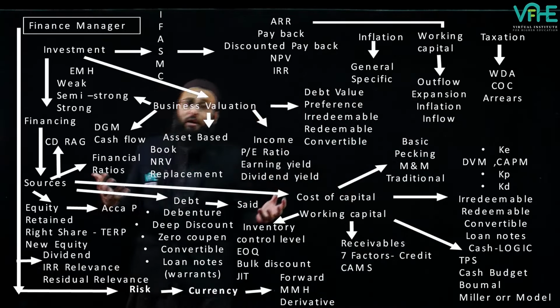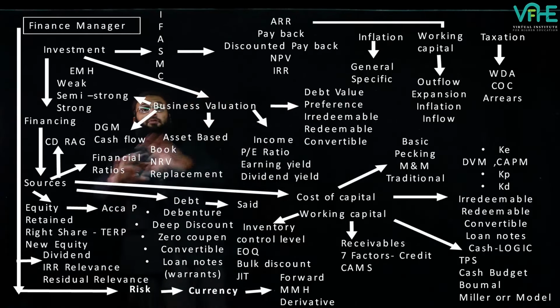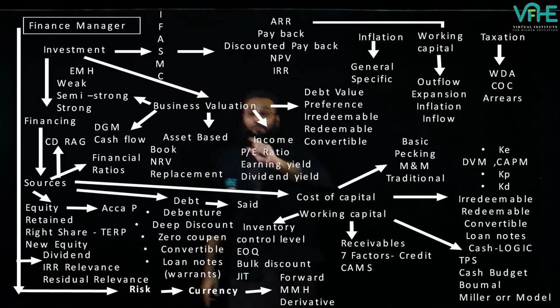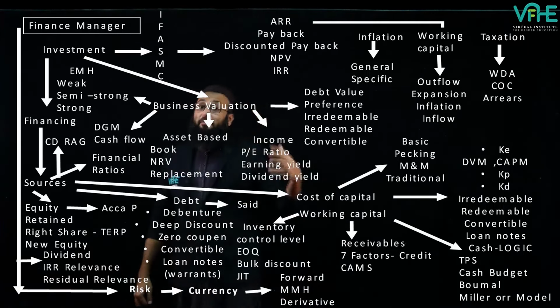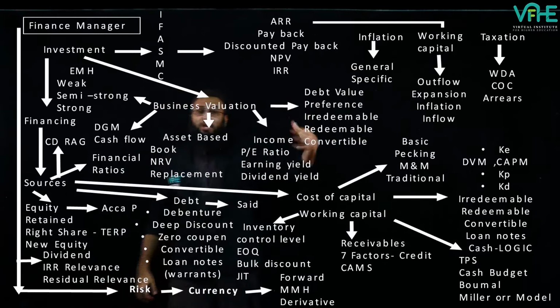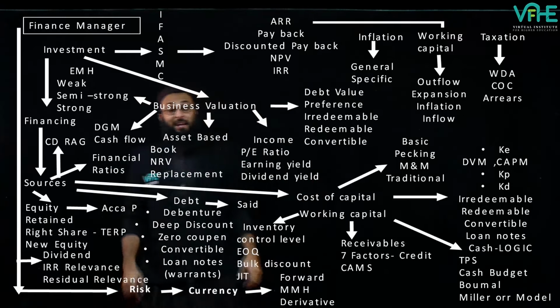So there is a formula. You can use spot rate multiplied by 1 plus foreign currency interest rate divided by 1 plus local currency interest rate, and you can work out the forward rate. So it says that country with higher interest rate will be subject to more depreciation of its exchange rate, which means nobody can take unfair advantage.